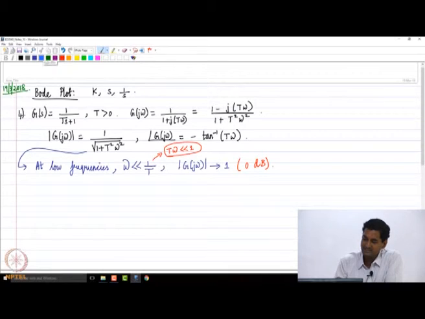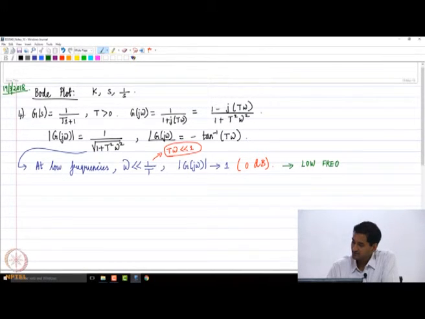So for this reason, this particular value or locus is going to be denoted as the low frequency asymptote, okay? So this is what is called a low frequency asymptote.